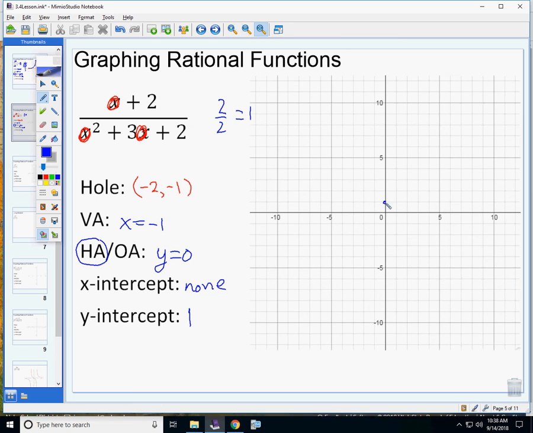So now as we put all this information on the graph, we have a y-intercept at 1. We have a vertical asymptote at negative 1. And we have a horizontal asymptote at 0. Alright, so you can see that it is in this top right section of the graph.